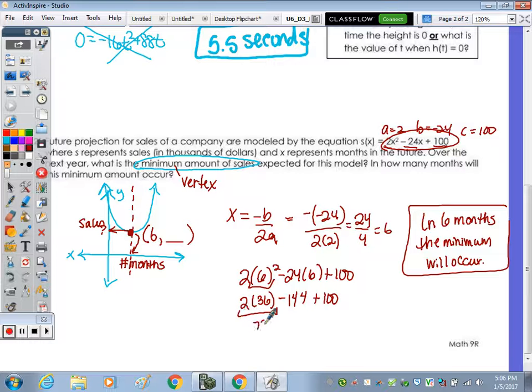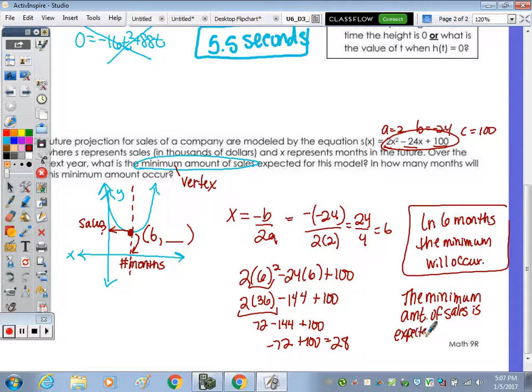So we have 72 minus 144 plus 100. So 72 minus 144 is negative 72, plus the 100 is 28. So the minimum amount of sales is expected to be not 28, because that was in terms of thousands, but $28,000.